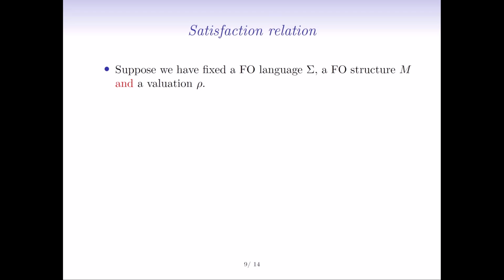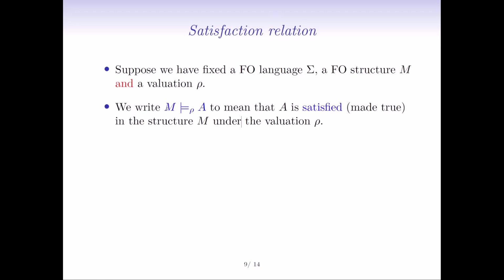So we have a domain for the structure and we have an interpretation of the function and predicate symbols, and we have a valuation that interprets every variable as an element of the domain of that chosen structure. Then I'm going to write this notation, M models rho A, to mean that the formula A is satisfied or becomes true relative to the choice of structure M and the valuation rho.